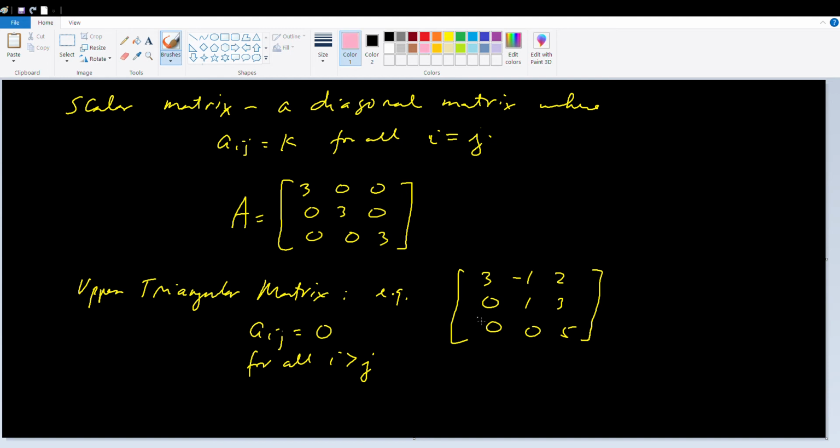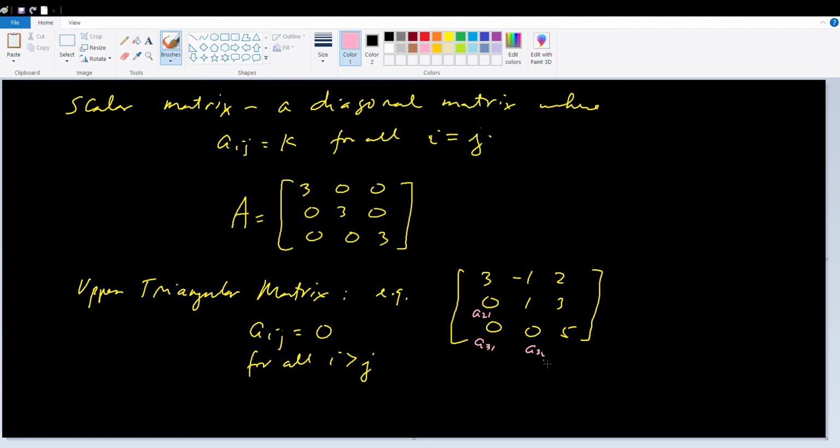This is the element A21. The row number is 2 and the column number is 1. For the other elements that are 0, these are A31 and A32. Again, the row number 3 is greater than the column number 1, that is why the element is 0.